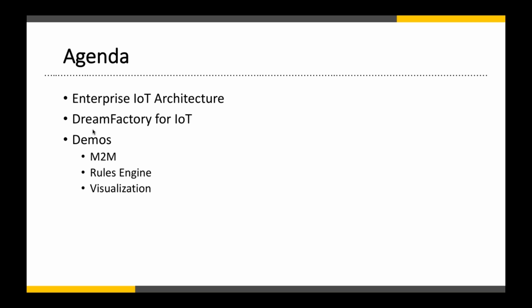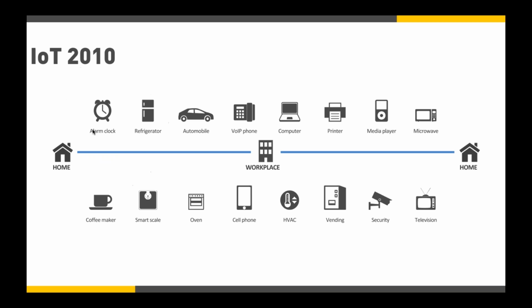So let's get started with the big picture of IoT. But before that, let me set the stage. Internet of Things is not really a new phenomenon. It's been around for a while. The idea of connecting one device to another has existed for a long time. And when we look back, maybe in 2010, just a few years ago, we had very few connected devices.